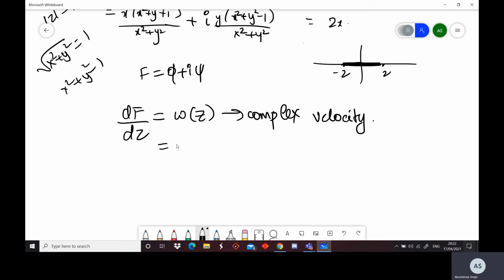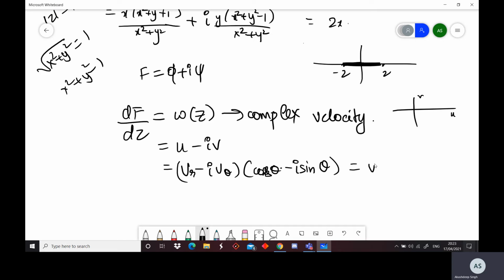Since it is a complex number, we can denote it by u minus iv. The minus is just for convenience, as we'll see later. Taking polar coordinates and angles in this uv plane, we get vr minus i v theta into cos theta plus i sin theta, sorry, minus i sin theta.